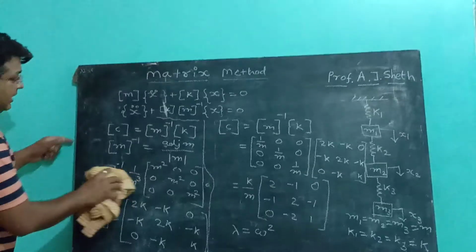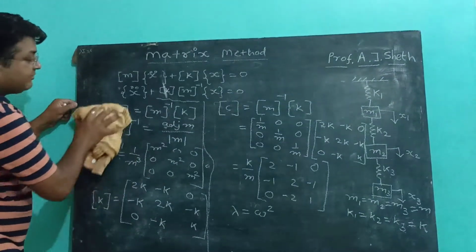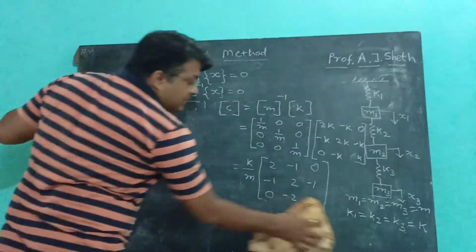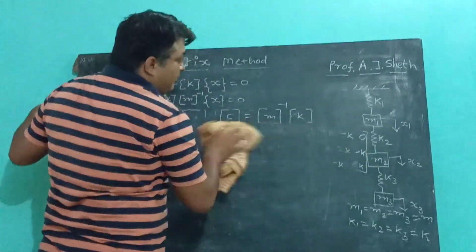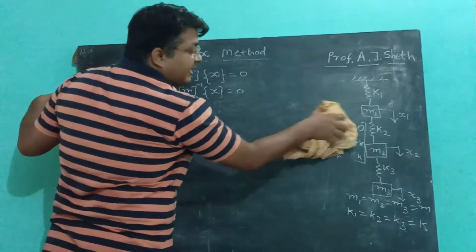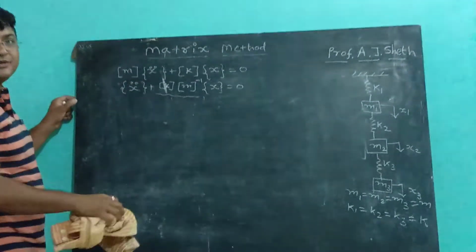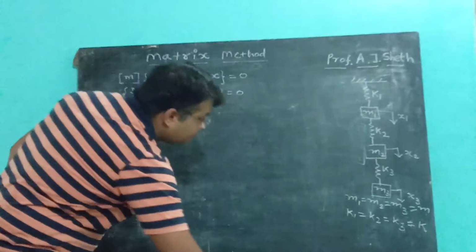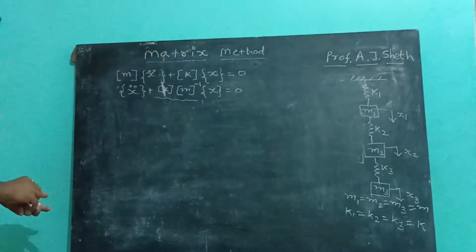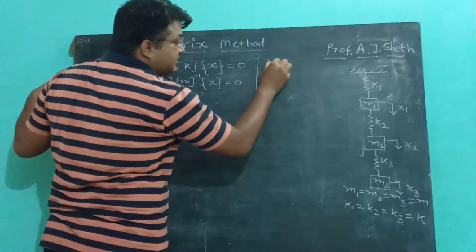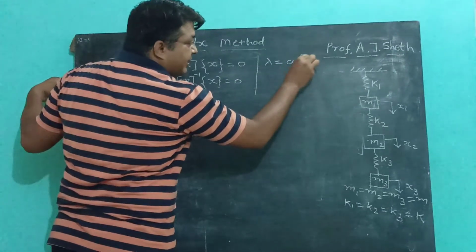Now let us understand the fundamental equation first. The dynamic matrix is known to us. Sorry, C is equal to M inverse into K. Now lambda, the assumption that I have taken, is omega square.